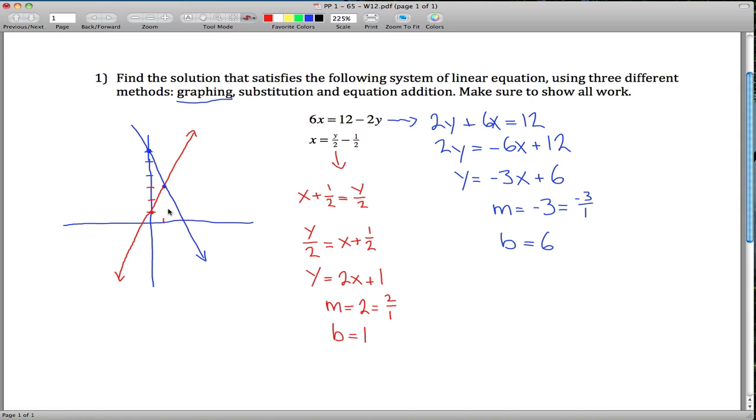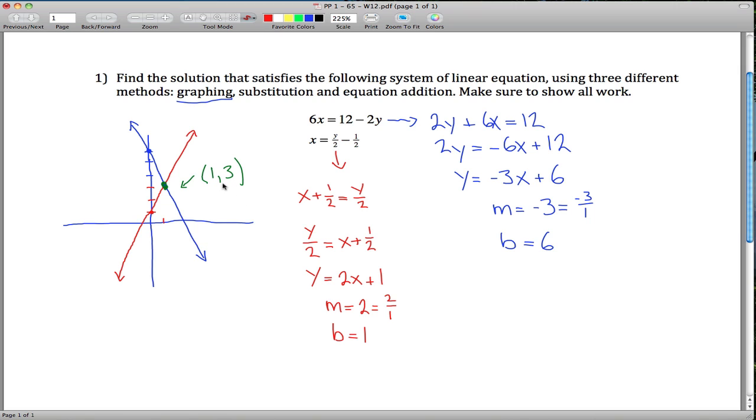Connect those dots with a straight line, we get our point of intersection right here. Maybe I'll make that green so you can see it. And that green point right here is when x equals 1 and y equals 1, 2, 3. So from graphing, it looks like our solution is (1, 3).